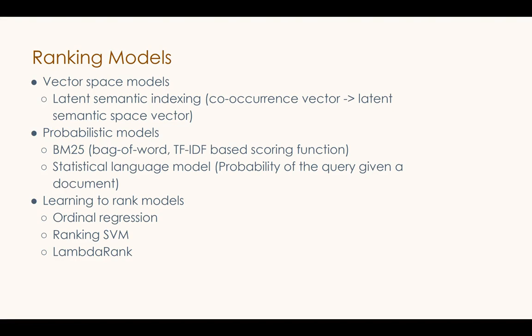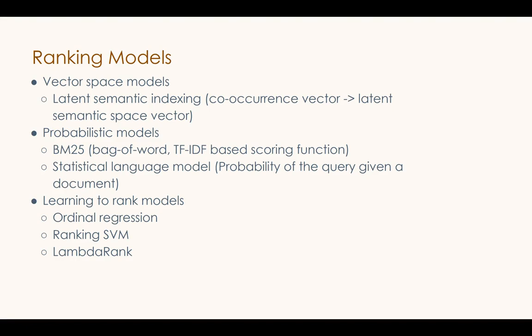Another model is the statistical language model. You can think of the query as a text, and the document, of course, is another text. Then you can build language models out of the document, and you look at the probability of the query given a document. The higher the probability is, the more relevant the document is.